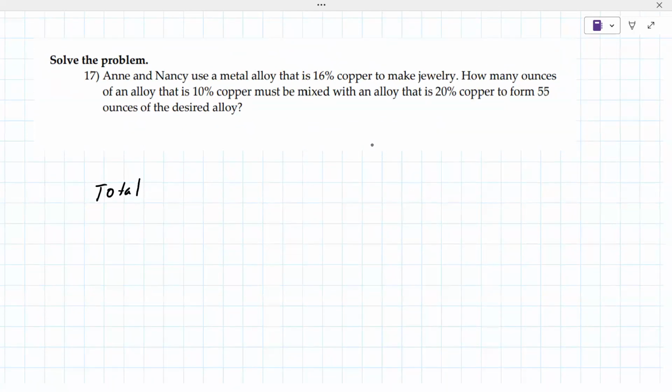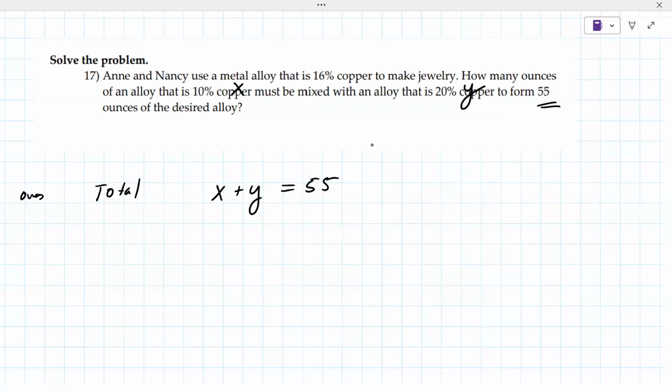Typically there's a total equation, and the total equation is x plus y equals 55. The x is the 10% copper, and the 20% copper is the y. But the total is 55 ounces.